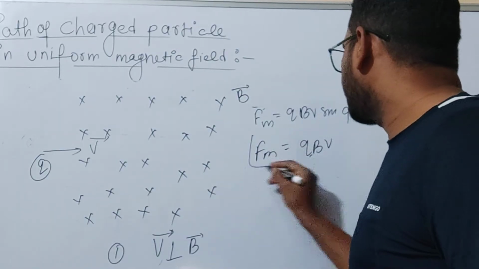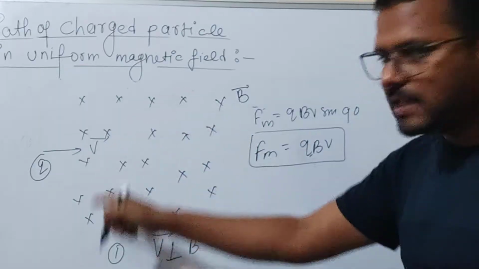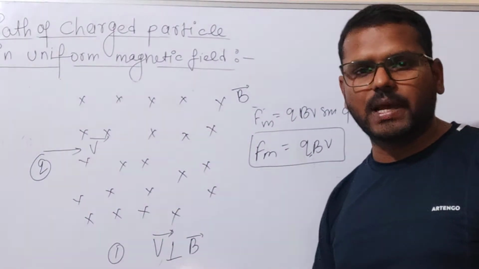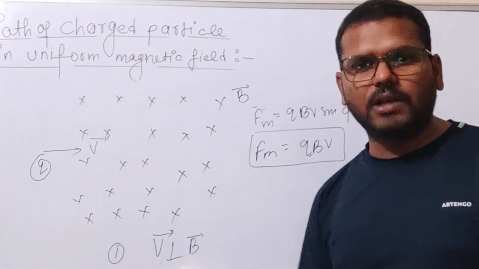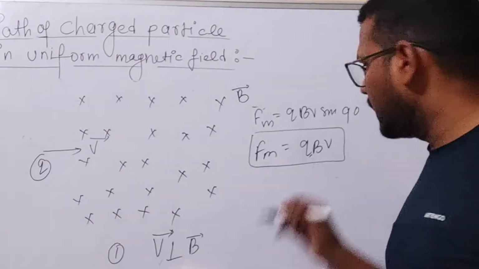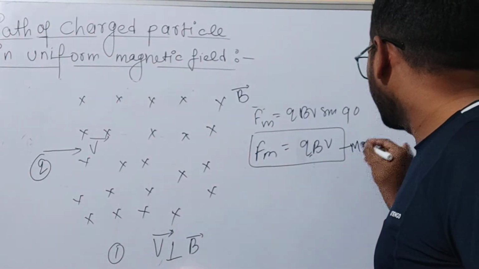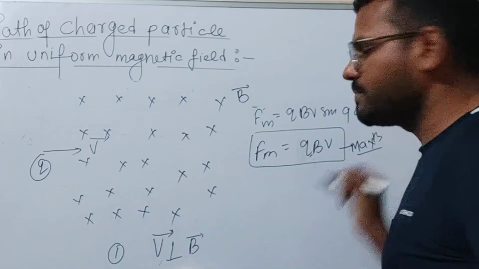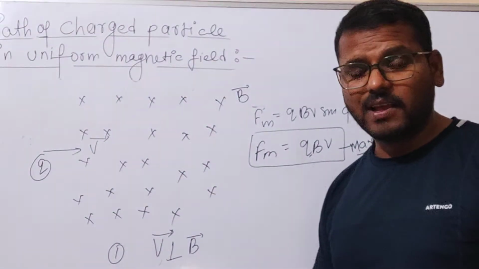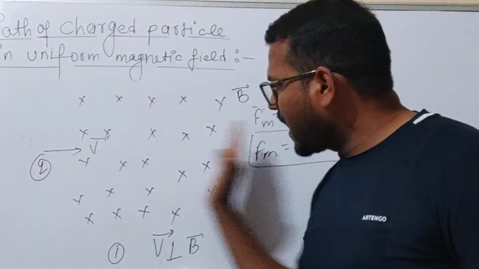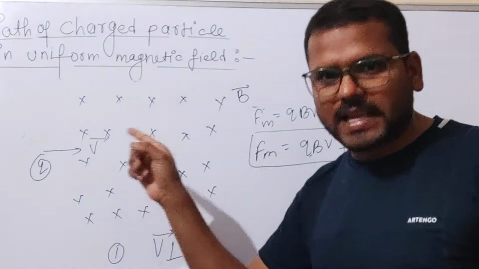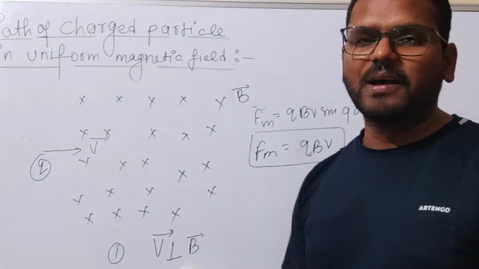The force acting on the charged particle thrown perpendicular to the magnetic field is maximum. The magnetic field applies this force on the charged particle, and the particle will acquire a path.